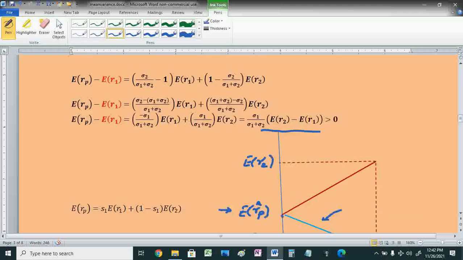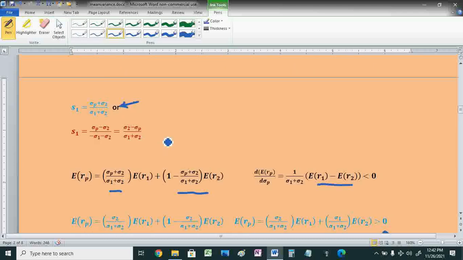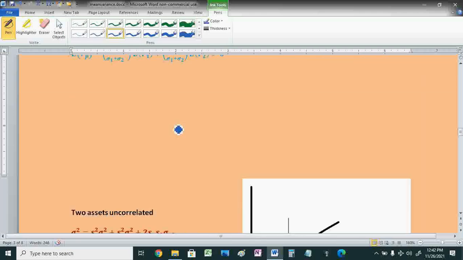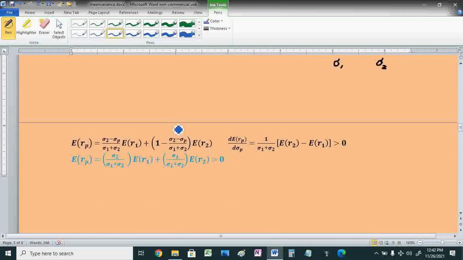Similarly, in the second step, I have used this second equation for S1 in this expected return equation, and when I put it here, S1 equal to sigma 2 minus sigma p divided by sigma 1 plus sigma 2, etc. When I do this, then see that the derivative of this equation with respect to sigma p is now greater than 0, and that is like saying that the second root will give me a positively sloped portion of the portfolio possibility frontier.